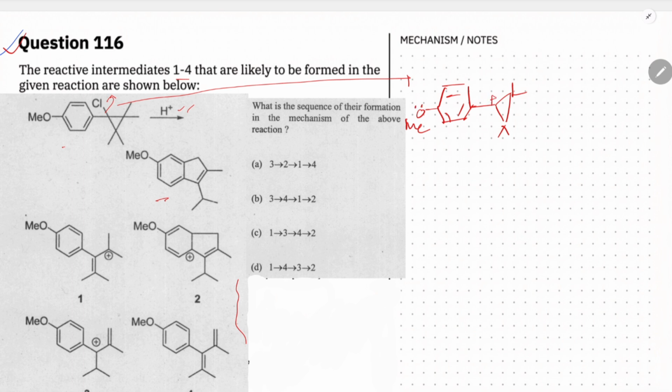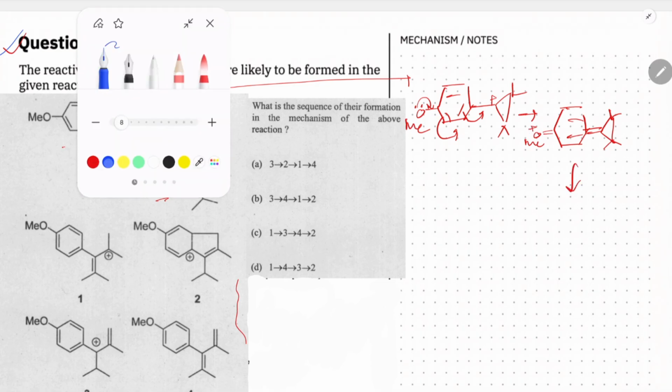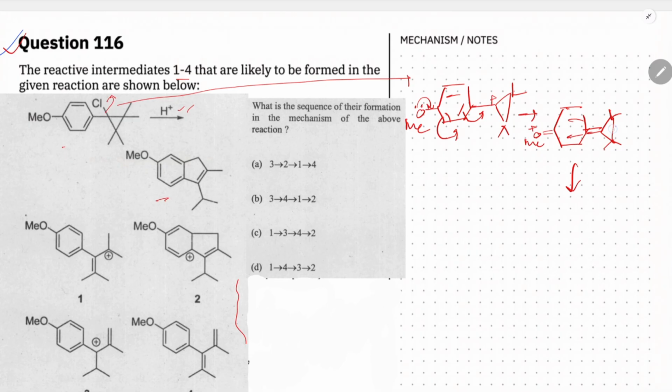After that, this lone pair will conjugate into the system and give this. Okay, this is methyl and double bond OMe plus. At the next step, this double bond will break on this side, and this will shift to this, and it will shift to this, and it will shift to this.